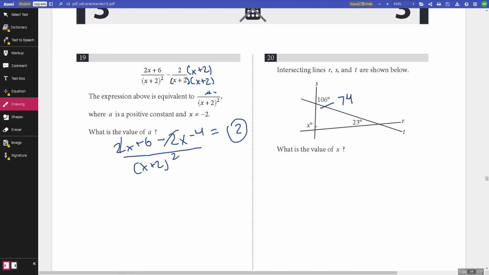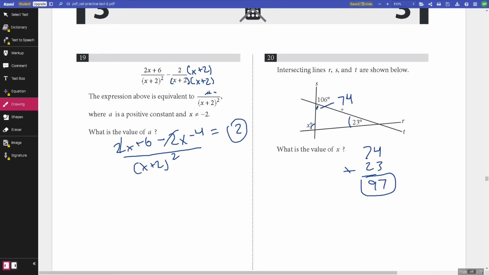And then this is the sum of this angle here plus this angle. You remember from geometry, the exterior angle is the sum of the outermost interior angles, something like that. So 74 plus 23 is 97. So that's your answer.